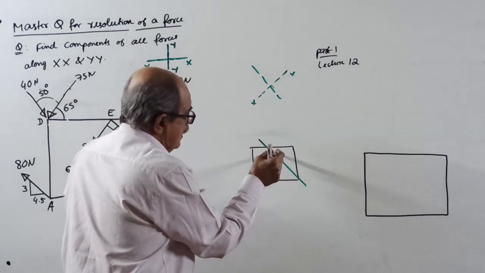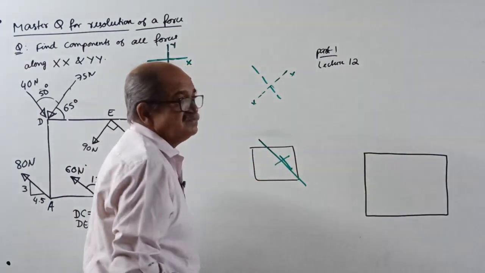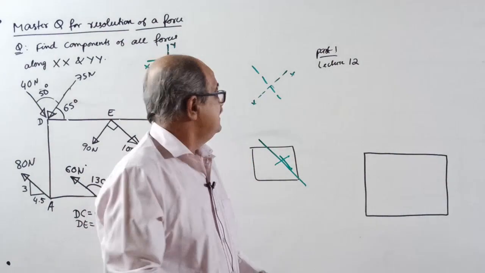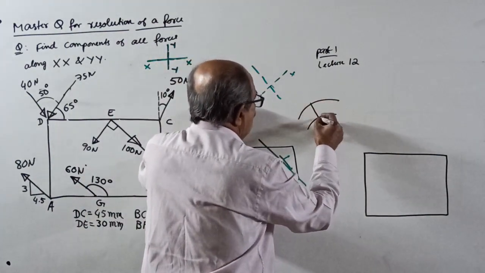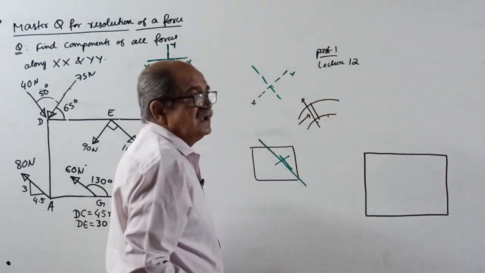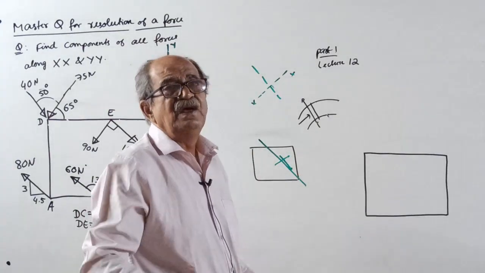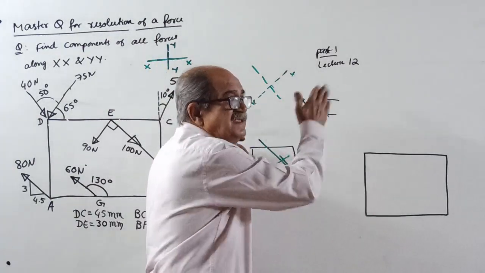Then you require resolution once along the plane, once perpendicular to the plane. And also in the case of arches, sometimes you require radial shear and normal thrust. There, even if the force is vertical and horizontal, you have to get the component once radially, once tangentially.